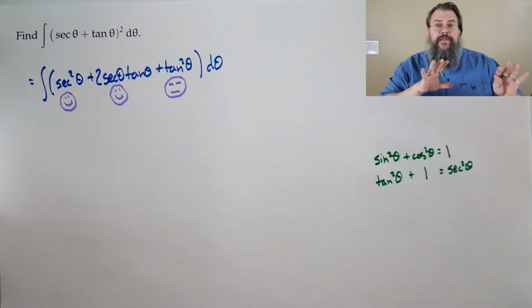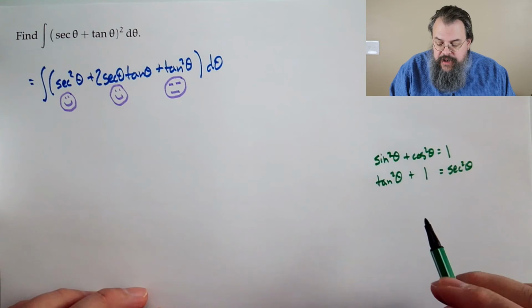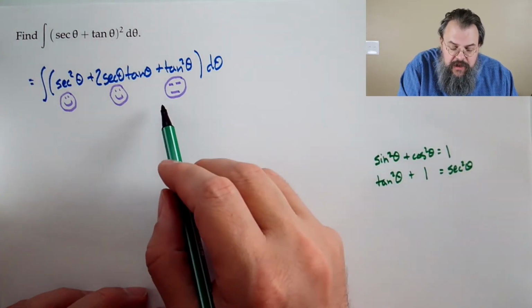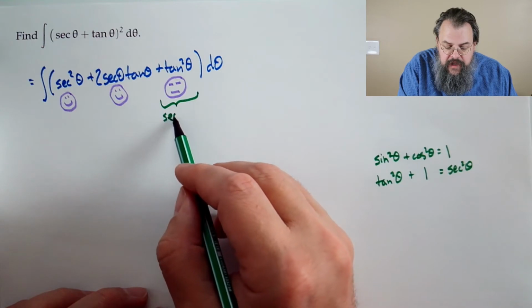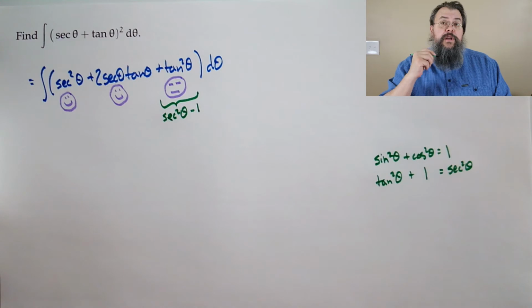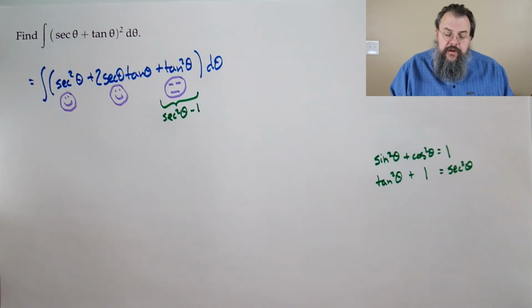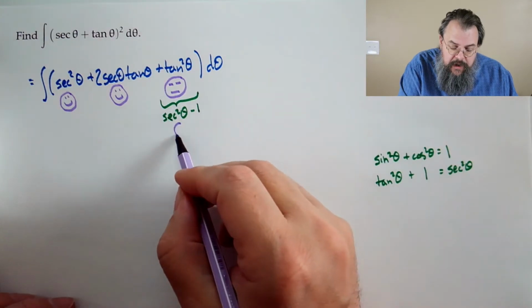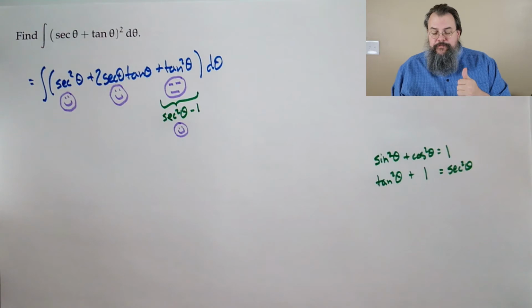So we can swap them for each other, except there's just this little plus 1 you got to keep track of. So in particular, we can say that tangent squared is secant squared minus 1. And so if we replace it with that trig identity, then what happens is we become happy. Woohoo! Because now we can integrate that part.